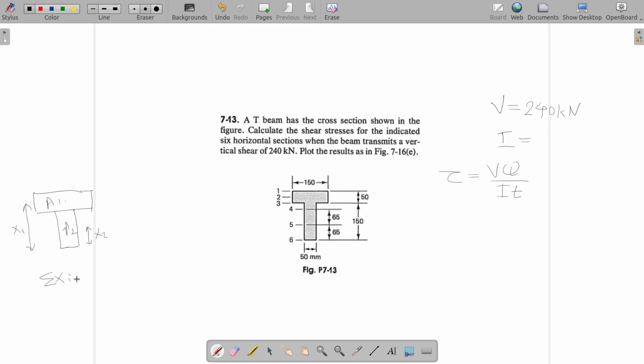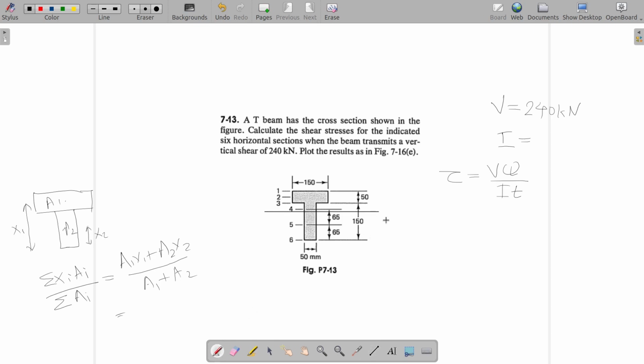I think you're very familiar with this formula for calculating centroid. So here in this case, that will be A1x1 plus A2x2 divided by A1 plus A2, and that will give you the centroid of the whole section.